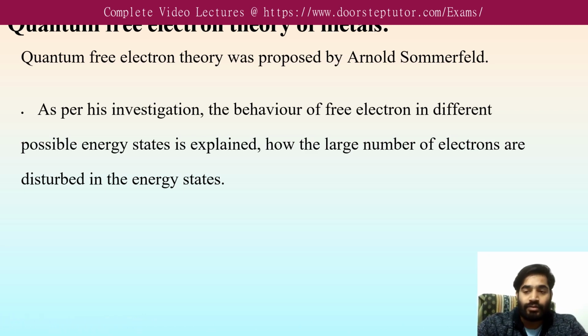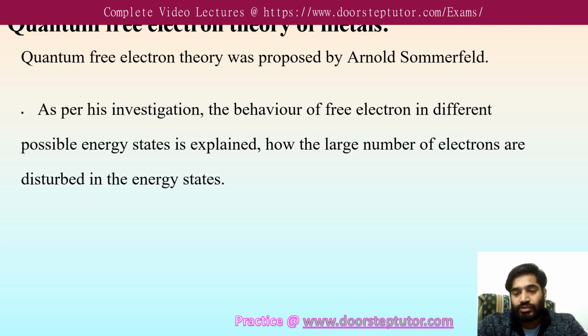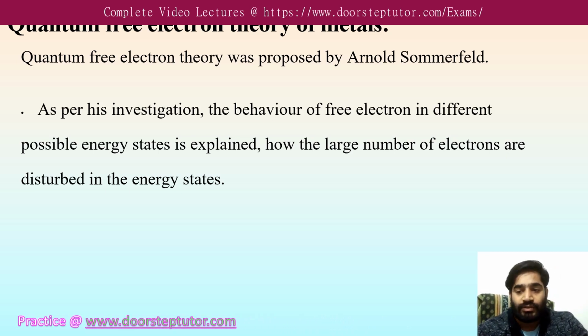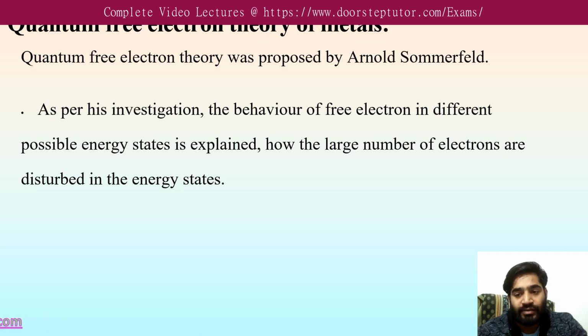This theory is all about the extension of the classical Drude theory, or classical Drude metal, incorporating quantum mechanics. This theory was introduced by Sommerfeld in the 1920s. It talks about the understanding of the electrical and thermal conductivity of metals.